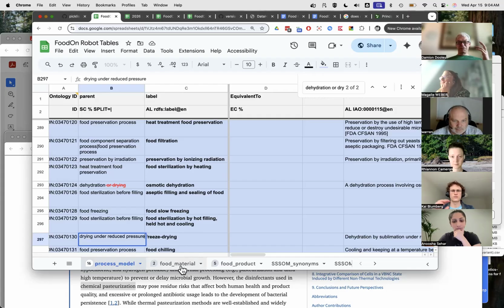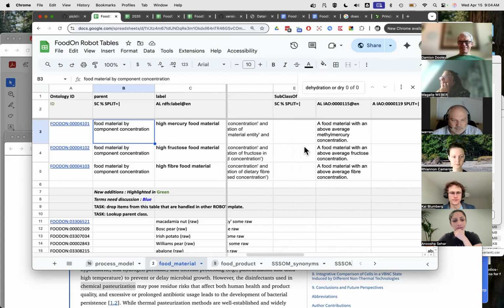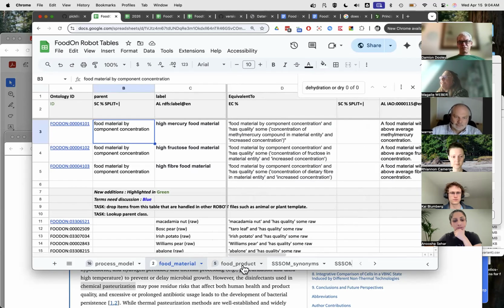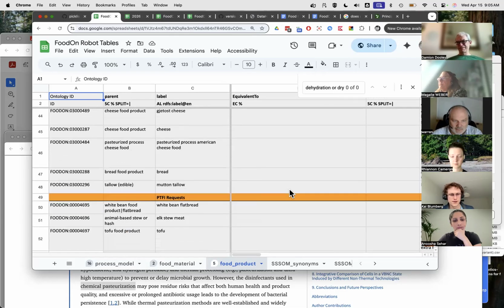But there's now one called food material, and it's taking in all the food materials that have a generic home: label, definition, and a subclass of parenthood, and just a few other fields. Food product, same thing. It's post-harvest usually, and you're starting to process the food.